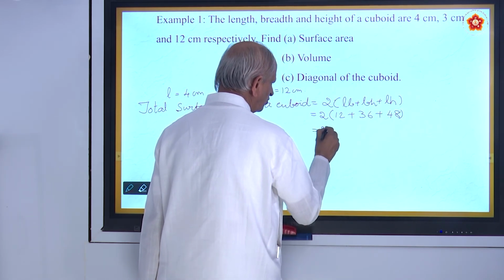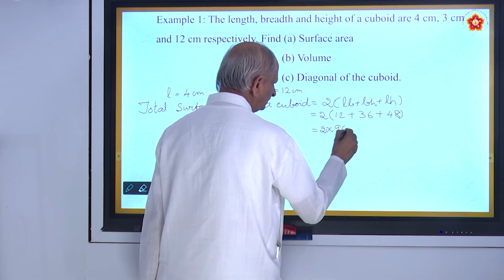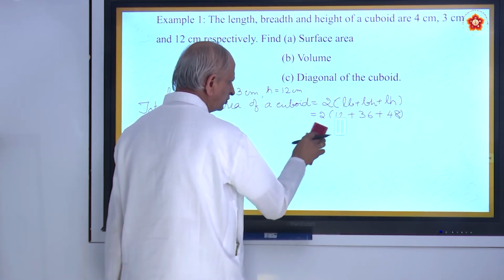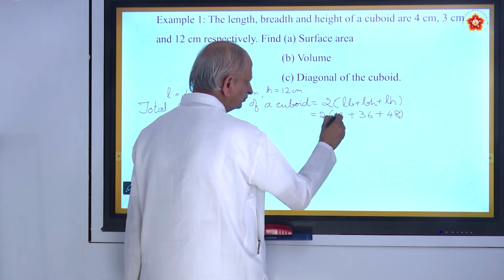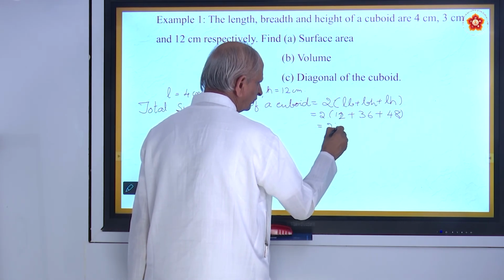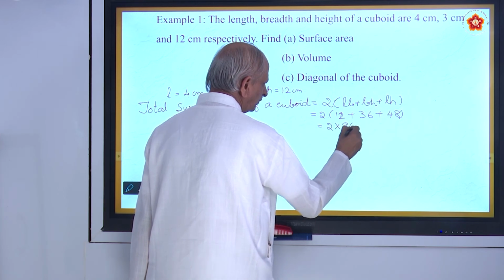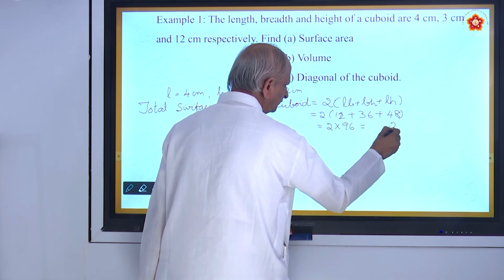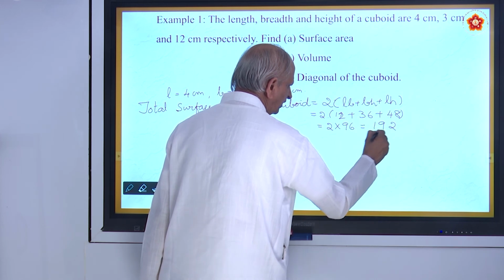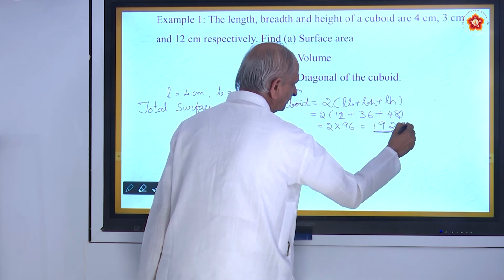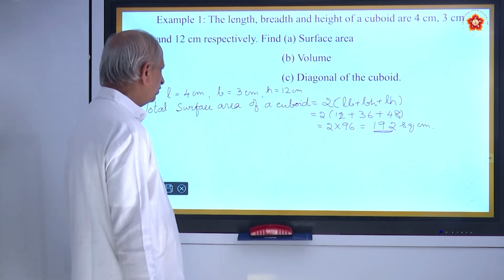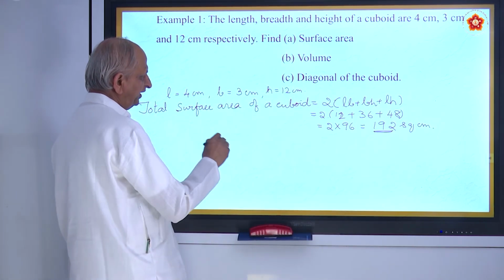So 2 into 96 will be equal to 2 6s are 12, 2 9s are 18 plus 1, 192. So much of square centimeters. That is the total surface area. We call it as TSA.